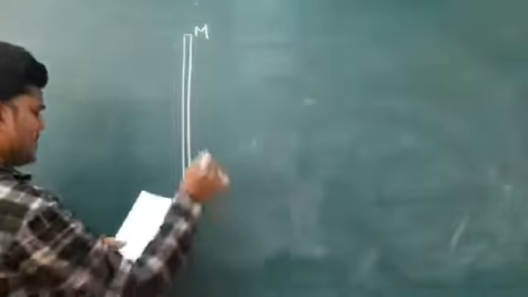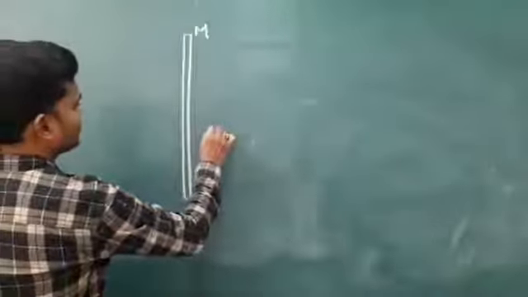Here they given a rod whose mass is given as capital M. See, this is the rod which is placed on the surface, whose mass is capital M and length is already mentioned as L. Capital L or small l, that's not a problem.